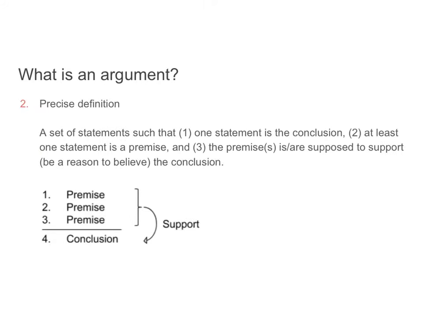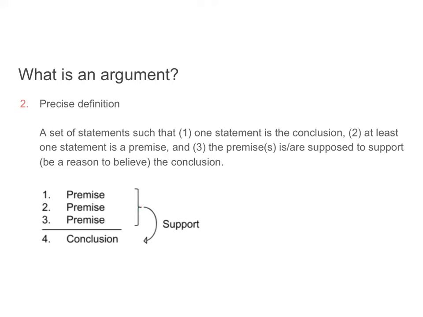The definition we are using is this. An argument is a set of statements such that one of the statements is a conclusion, so arguments have conclusions. At least one statement is a premise or a reason or evidence, and the premises are supposed to support the conclusion.